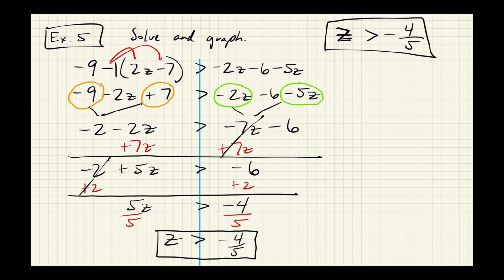Z is greater than negative 4/5. Okay. So now, draw my number line. Negative 4/5 is in the middle. When you divide it, it makes negative 0.8. So that's going to be between 0 and negative 1.